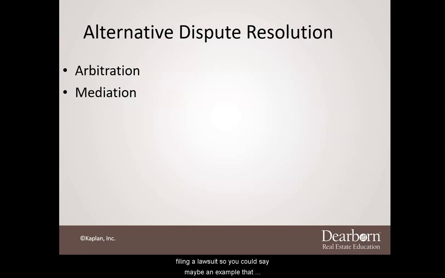And maybe an example that most people relate to is a fender bender. Something has happened, you're headed toward a lawsuit, and you get out of the car and say, hey, should we claim this on insurance? Should we not claim this on insurance? And that's your negotiation.